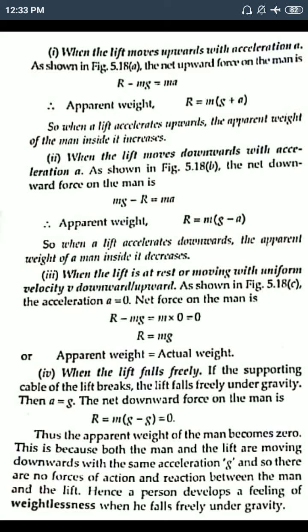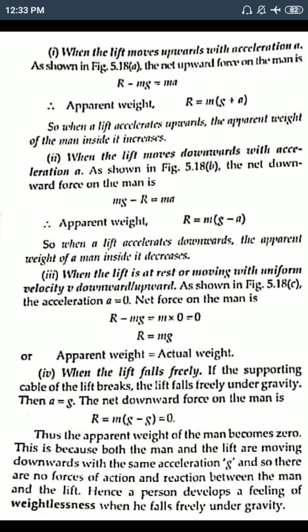And the last case is when the lift falls freely. Suppose the cable of the lift breaks, so the lift falls freely under gravity. At that time, the acceleration of the lift and the acceleration due to gravity are equal.